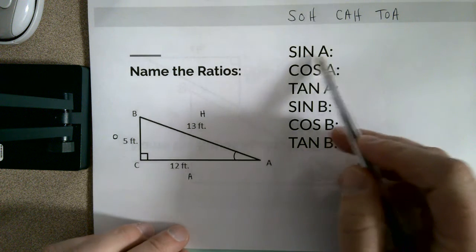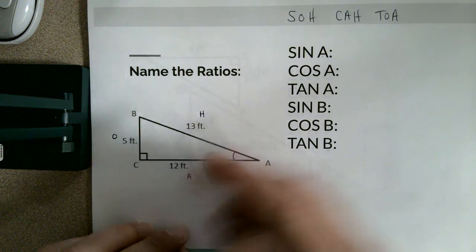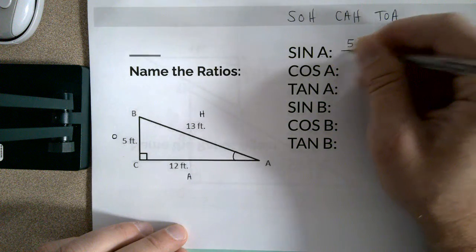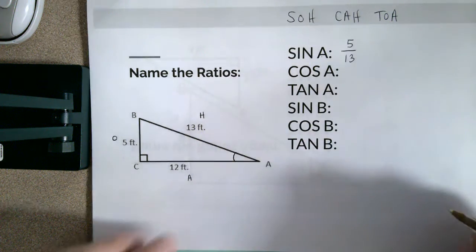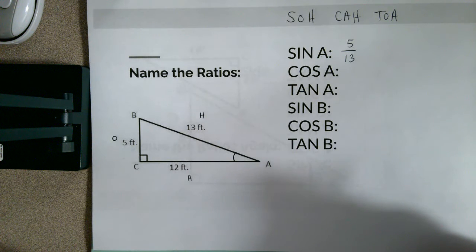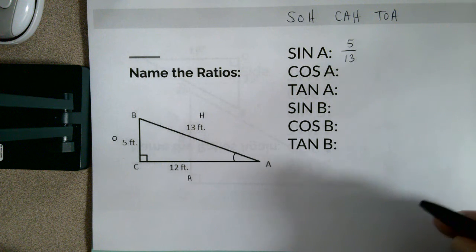If I'm going to do the sine of A, I find the opposite side is 5, and the hypotenuse is 13. So my ratio is simply 5 over 13. Any questions with that?